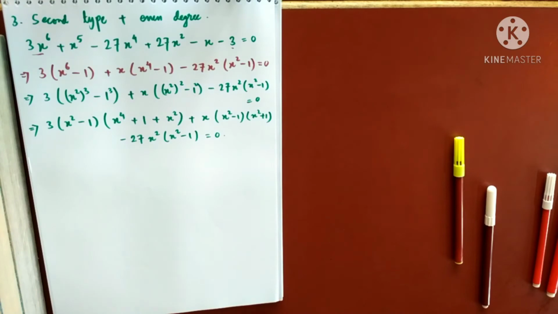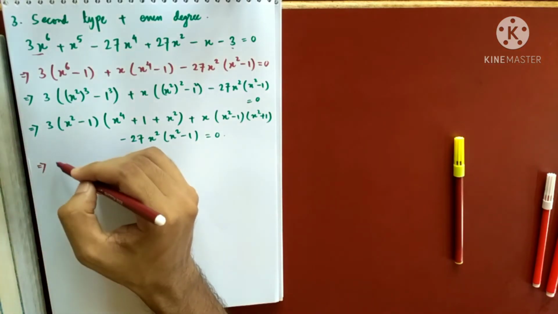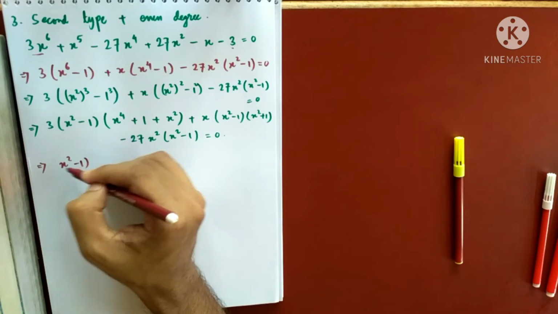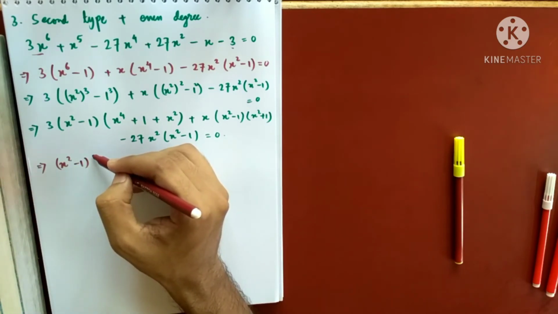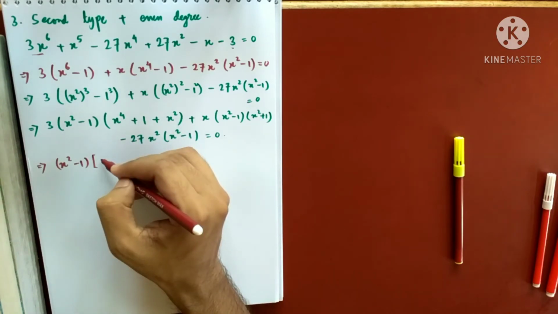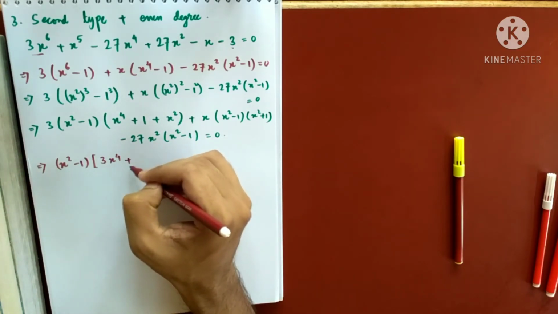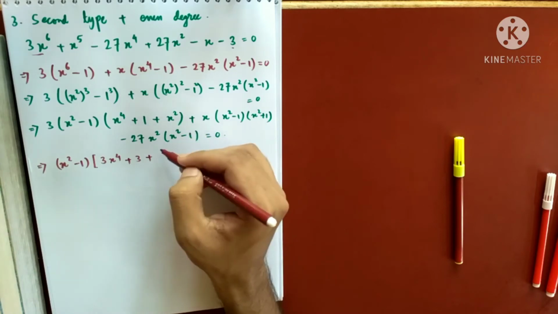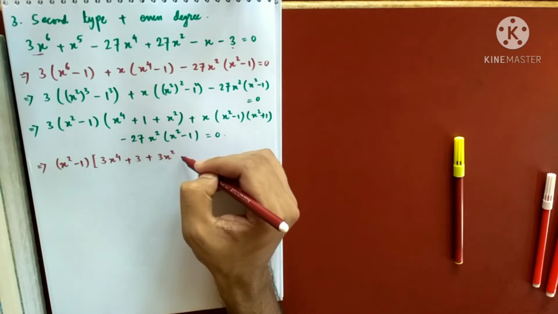Now x square minus 1 is common. So if I take x square minus 1 as common, what am I getting? 3 into this quantity, 3x to the power 4 plus 3 plus 3x square.